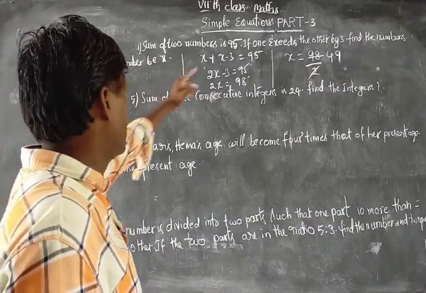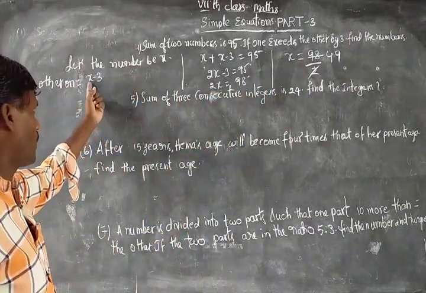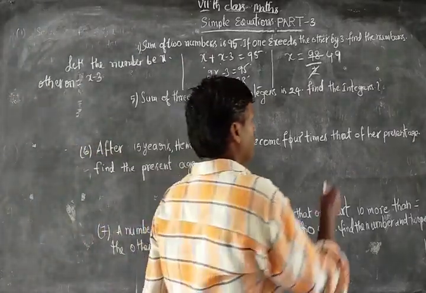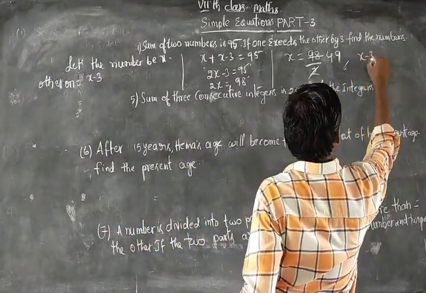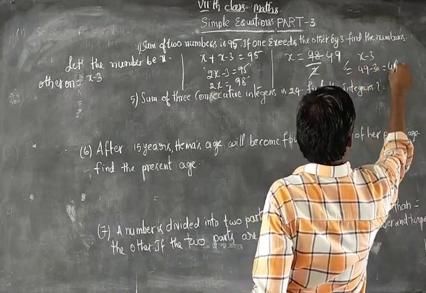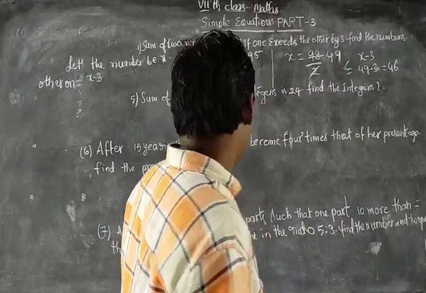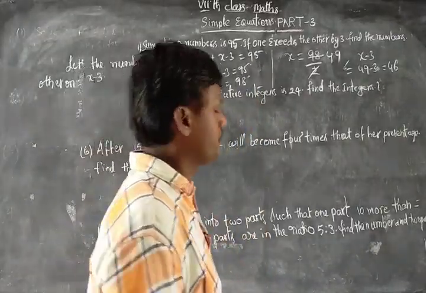So we got x as 49. Then to find the other number, x minus 3, we take 49 minus 3. How much is it? 46. That is the process. Next, we will try another one.